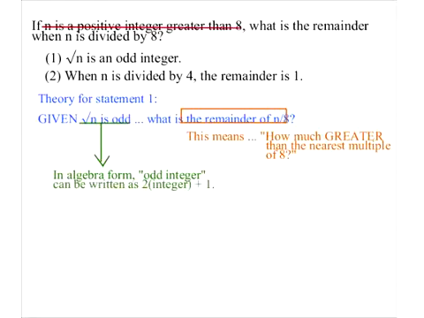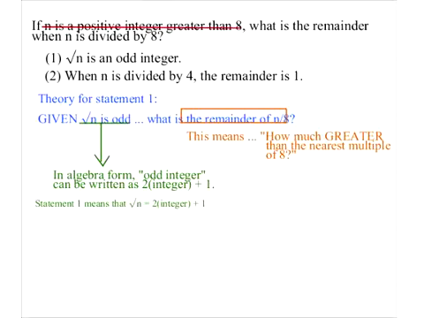You can call it k if you want to. I'd rather just write integer because that at least reminds me that that's what it is. The fewer new letters are in the problem, the happier I am with it. So if you guys want to use k, you can use k. I'm just going to go ahead and write integer. So statement 1 means that square root n is 2 times integer plus 1.